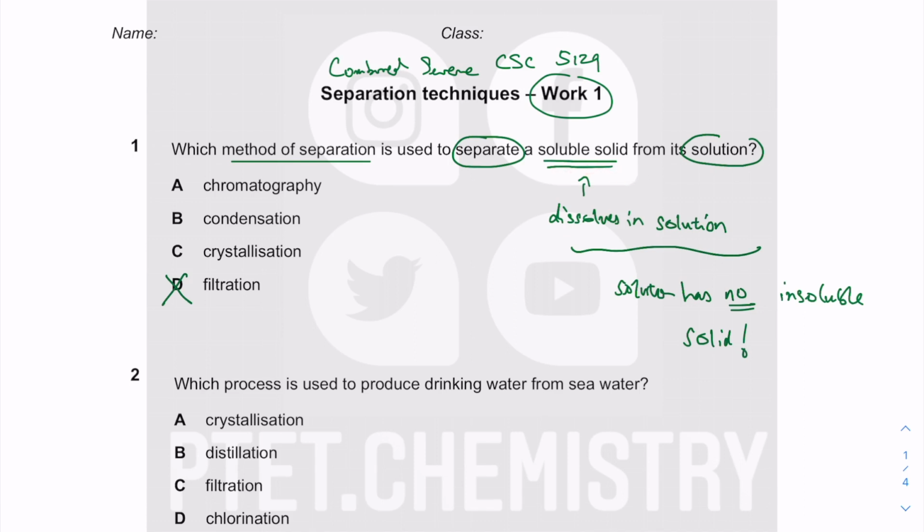Okay, what else? Condensation is definitely not going to work because this is on different boiling points. It is part of distillation, and you have to have different boiling points, and it's not going to be suitable for any of these two different methods. So we're just left with crystallization and chromatography.